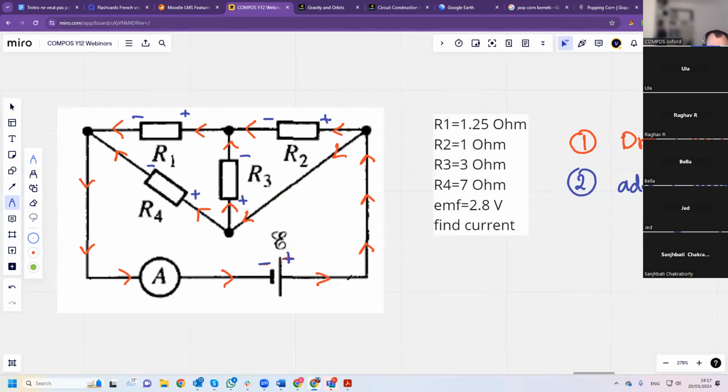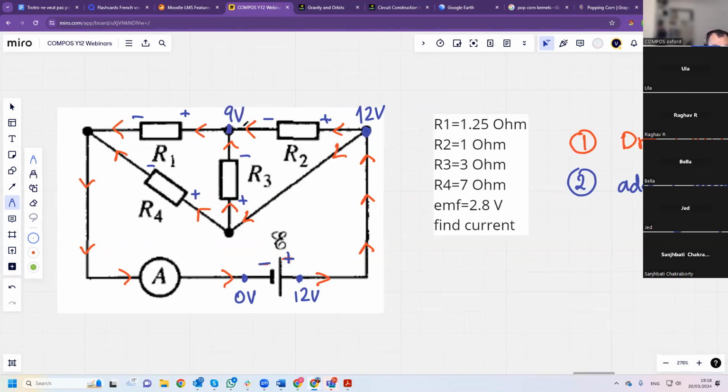So let's say this potential here is 12 volts and the potential here is 0 volts. That means the potential here is 12 volts, because along the wire the potential is always the same. It's like potential energy. And here, let's say it loses 3, so it's going to be 9 volts.